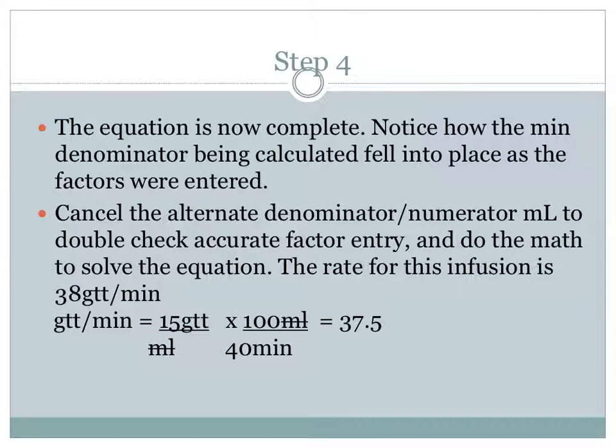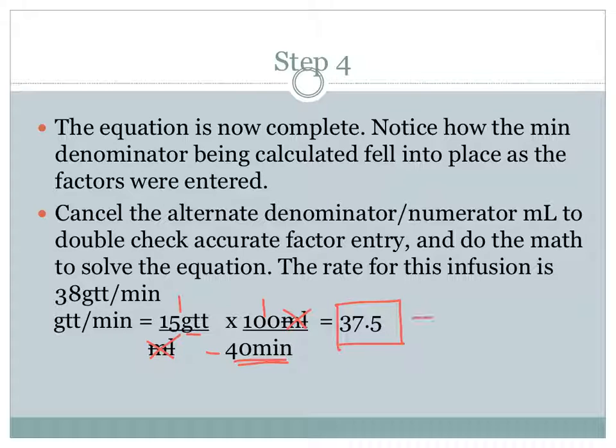Now that our equation is complete, we can calculate it out. Notice how the minutes denominator being calculated fell into place as the factors were entered. We cancel the alternate denominator and numerator milliliters, leaving us with drops per minute. Then when we do the math, 15 times 100 divided by 40, we get 37.5.